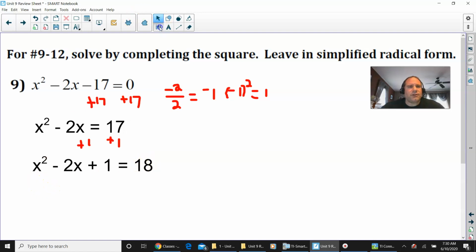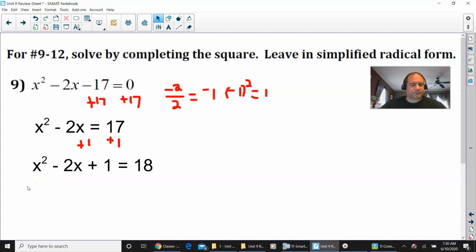Now, your job is to factor this. Remember, you're going to have, hopefully, two binomials that multiply to 1 and add to negative 2. If you're saying negative 1 times negative 1 equals positive 1, and negative 1 plus negative 1 equals negative 2, that is correct.